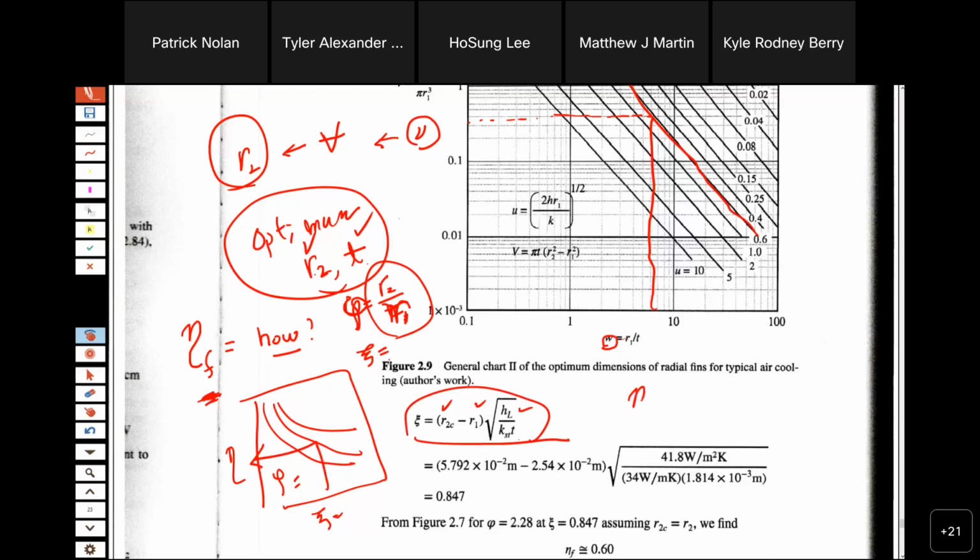So once you have efficiency, how do you calculate the actual heat transfer to the fin? Anyone? How? It's the efficiency times h, times the area of the fin, times theta B. So all you need is the area of the fin.